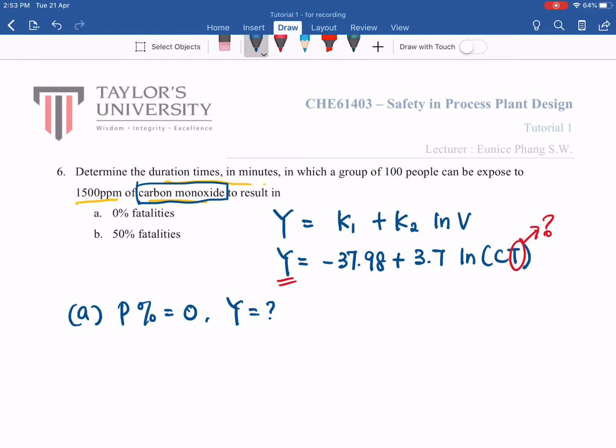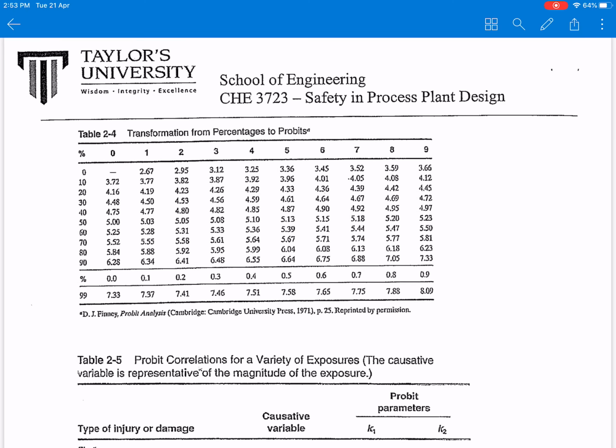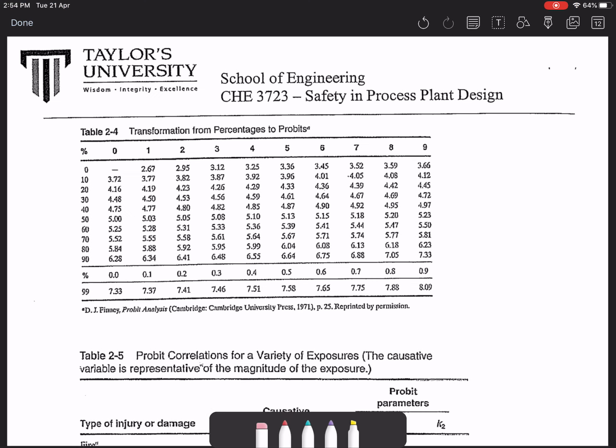Okay, so let's take a look back at this table 2.4. So you see, over here, if we are talking about 1% death, we are looking at the Y value of 2.67. So in that case, we are assuming any value that is lesser than 2.67 is the value that we can use. So meaning in this case, if we want to talk about 0%, we look at 2.66, because when we look at 0, for example, then you can't do any calculation.